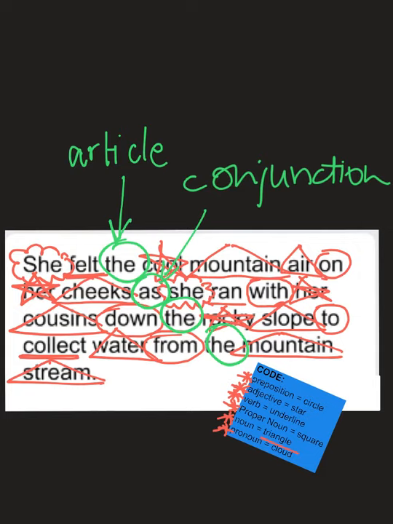So we have the first sentence, she felt the cool mountain air on her cheeks. And the second sentence could be, she ran with her cousins down the rocky slope to collect water from the mountain stream. So the word as functions as a linking word to link those two sentences.